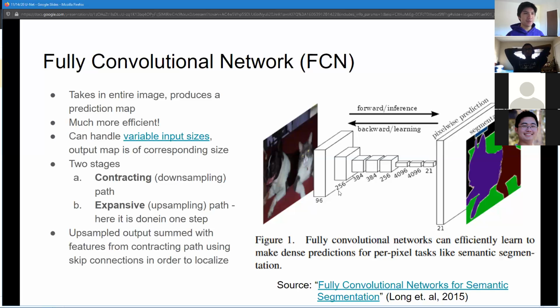The reason it's a little confusing in this image, at least I think, is that you go through this contracting path, and then boom, you have this giant map right here. So it's doing the expansive path in a single step in this illustration. But it doesn't have to be a single step, and that segues into the UNet.